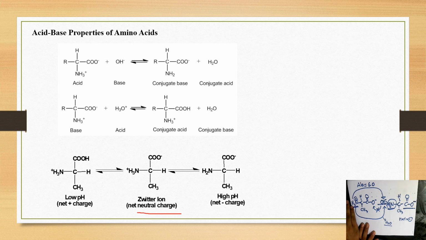At high pH, by adding base, the net charge is -1. At a pH lower than its isoelectric point, generally the net charge is positive.